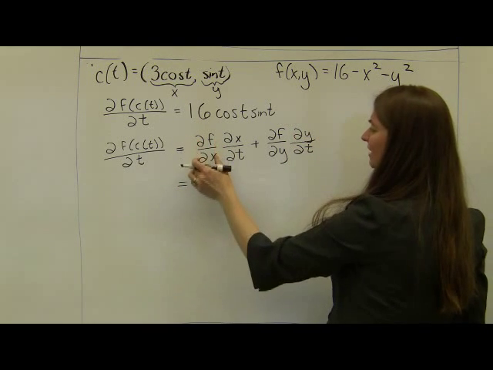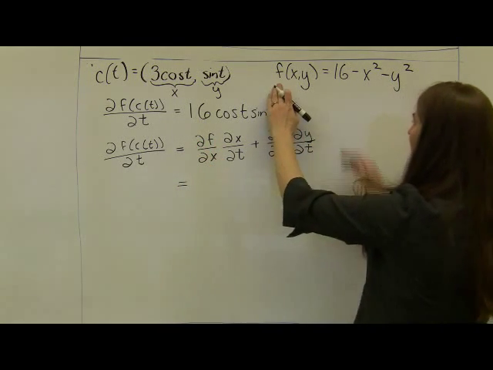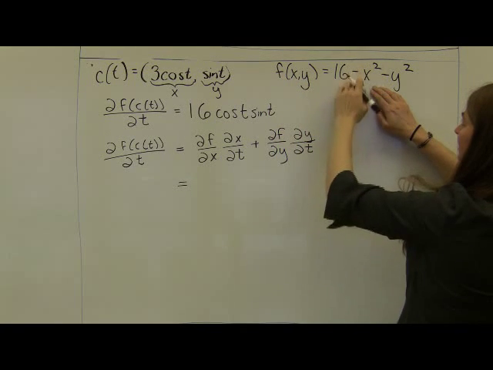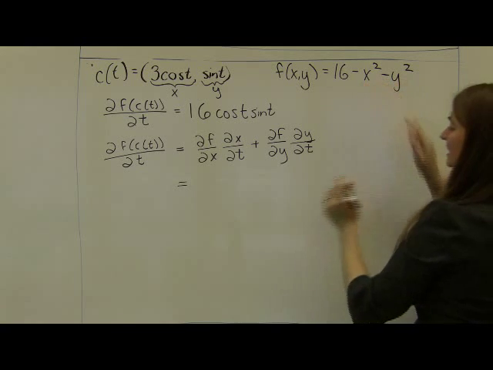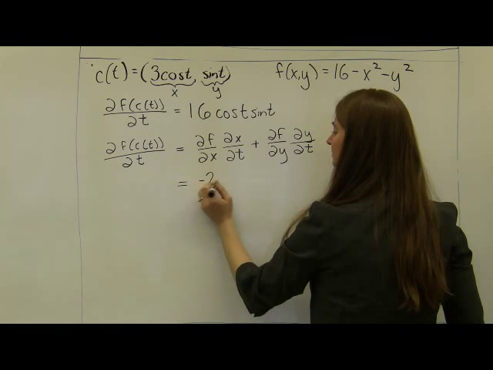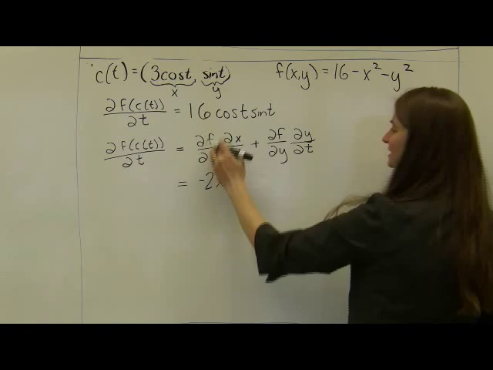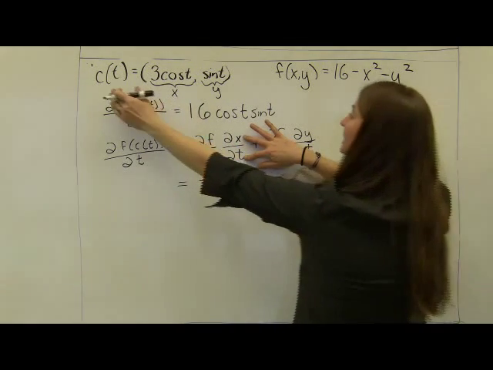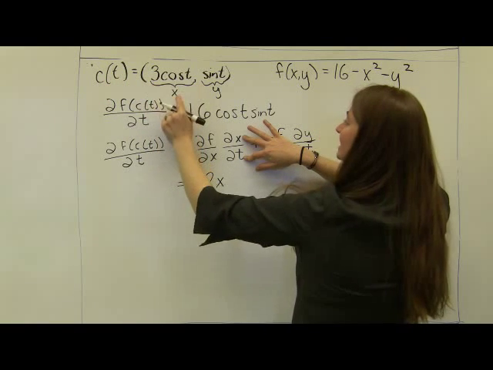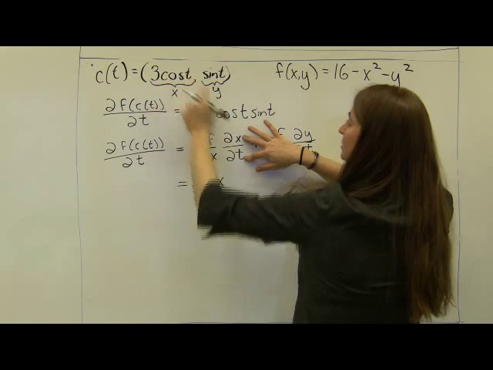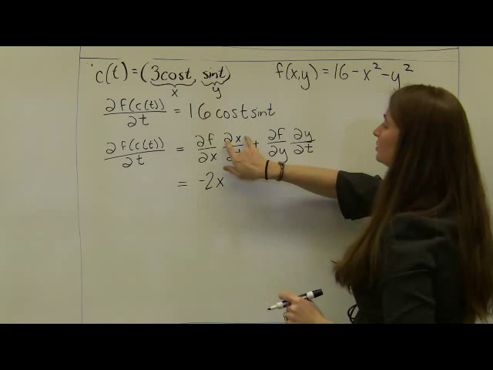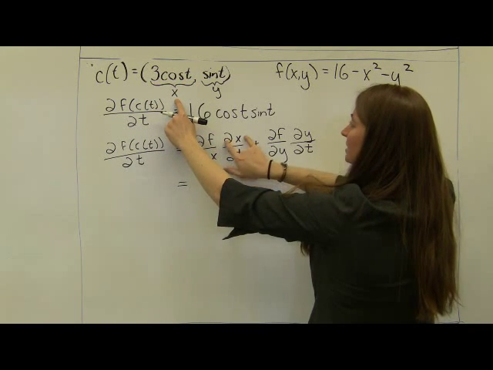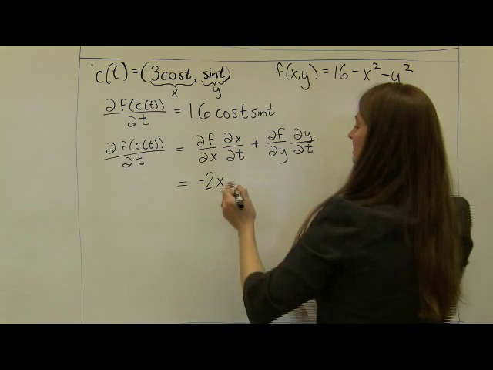So what is df dx? It's the derivative of my f function with respect to x, which in this case is an easy derivative. Treating y as a constant, I get -2x. What is dx dt, though? For this chunk, I need to look at my interior function, and I see that x is exactly equal to 3 cosine t. So if I take the derivative of 3 cosine t with respect to t, it's just going to be -3 sine t.